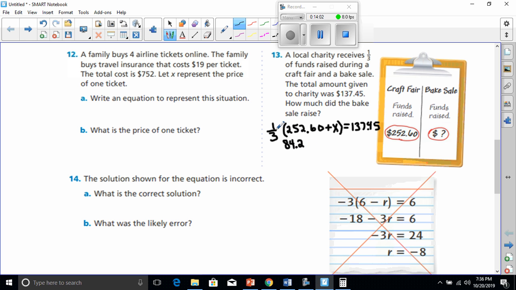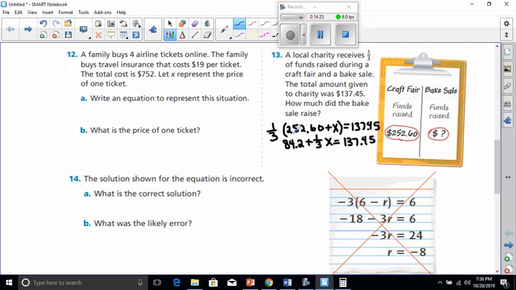Okay, and now 1/3 times X is, well, 1/3 X. And all that has to equal 137.45.